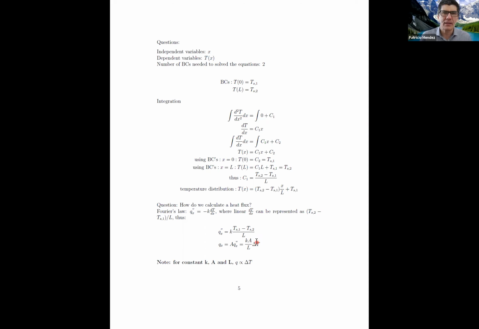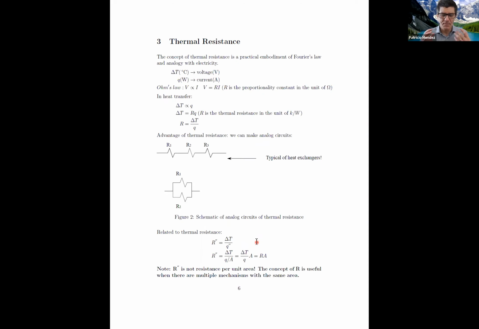This doesn't look like a big deal, but it's a huge deal, because now we can say something amazing. I can bank on the analogy between heat, in which the heat rate is proportional to the delta temperature, and electricity, in which current is proportional to the difference in voltage.